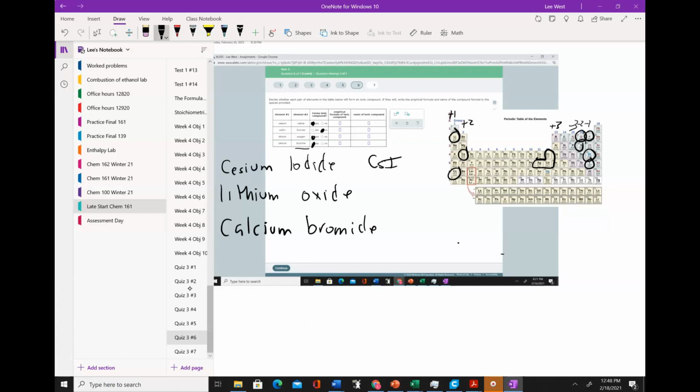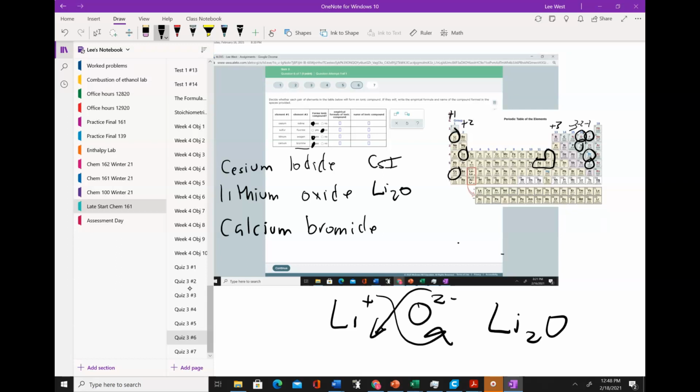Lithium is also in group 1A, right at the very top, so it is +1. Oxygen is in group 6A, so it is 2-, so we have to do crossover, and we need 2 lithiums for every 1 oxygen. Finally, we've got calcium.